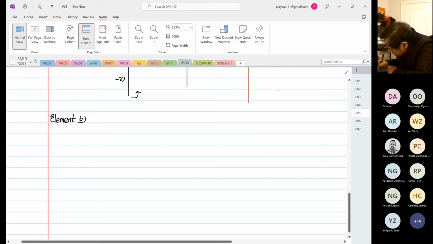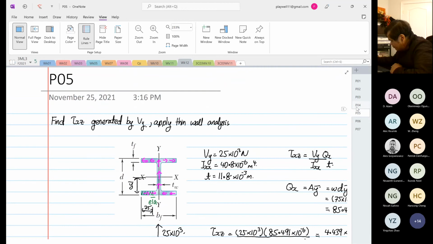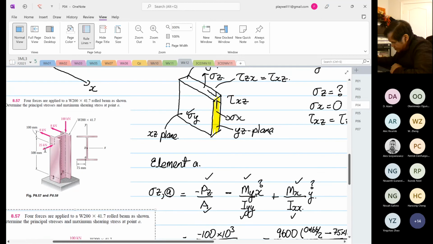So next we'll look at element B, and we are going to draw the orientation of element B, like what I've done before. So over here now, I'm going to copy this diagram.